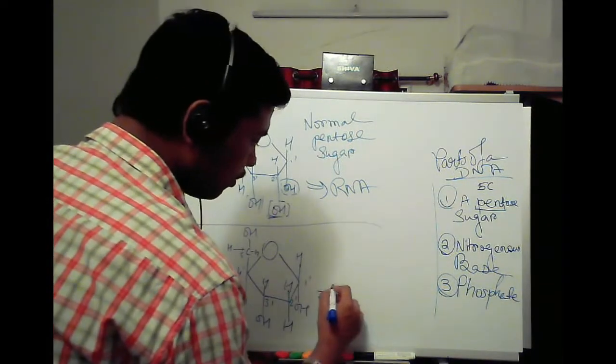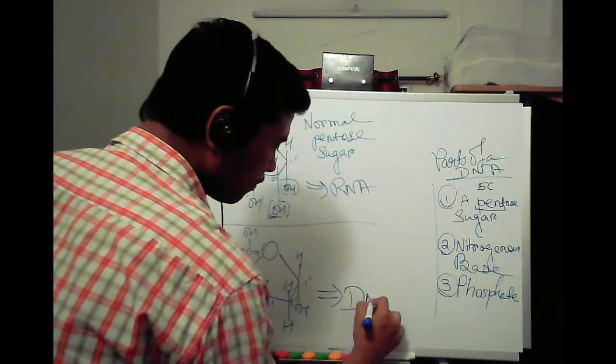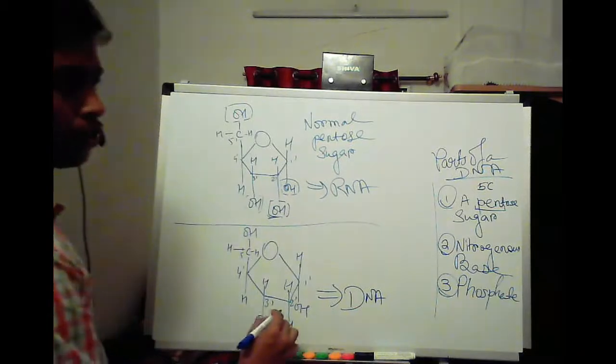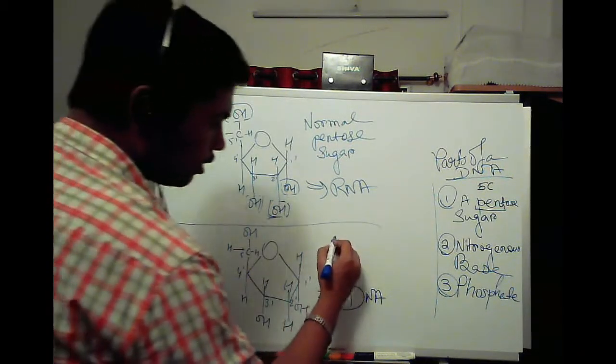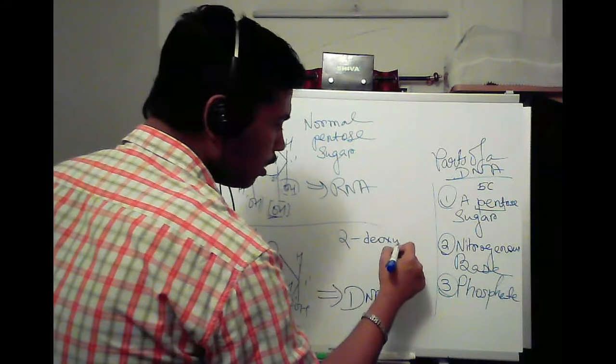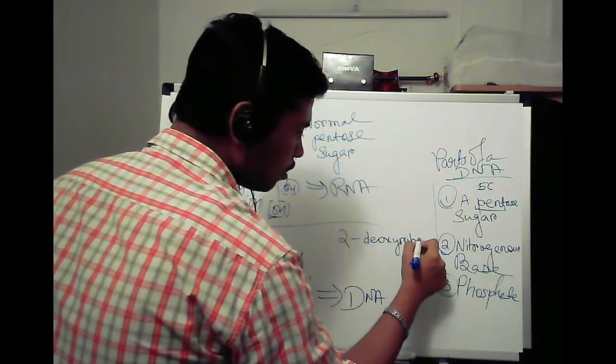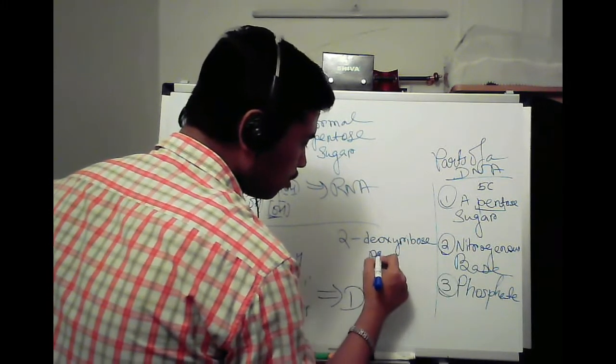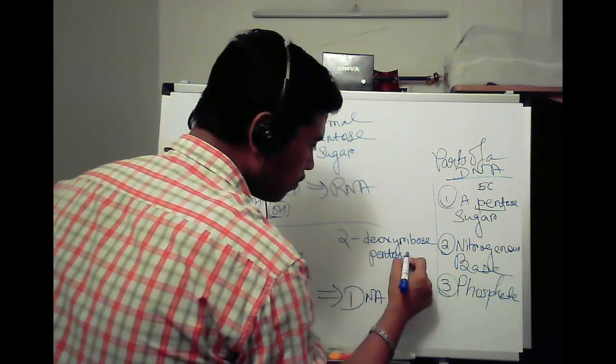So this confers DNA. This is the DNA. The name of this sugar is known as 2-deoxyribose pentose sugar.